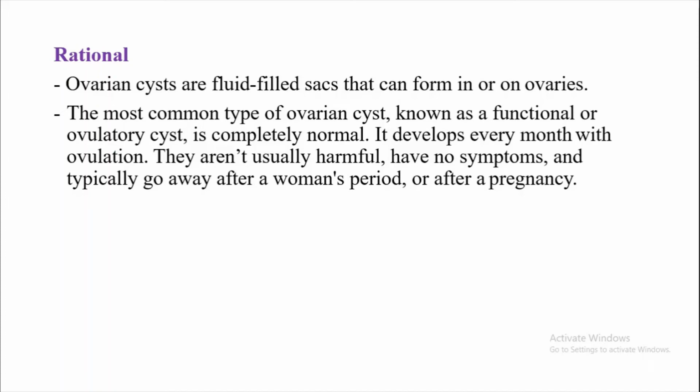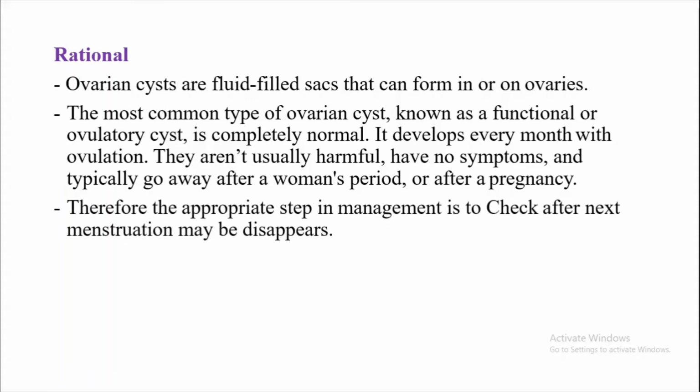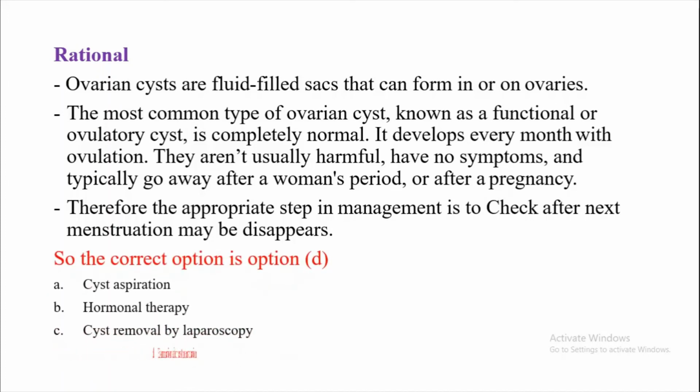They are not usually harmful, have no symptoms, and typically go away after a woman's period or after pregnancy. Therefore, the appropriate step in management is to check after next menstruation, as it may disappear. So the correct option is option number D, examination after next menstruation.